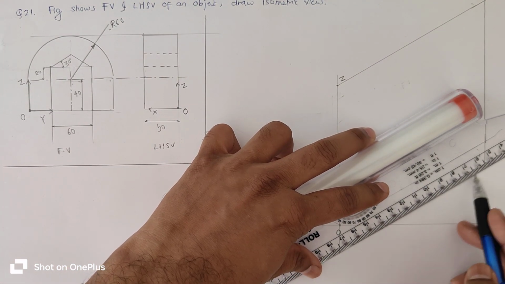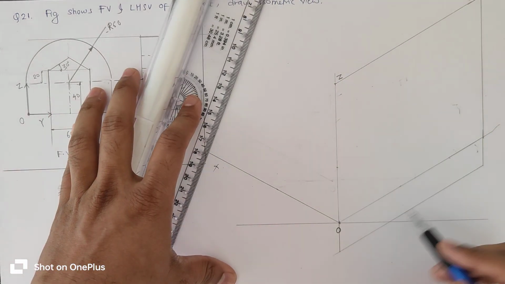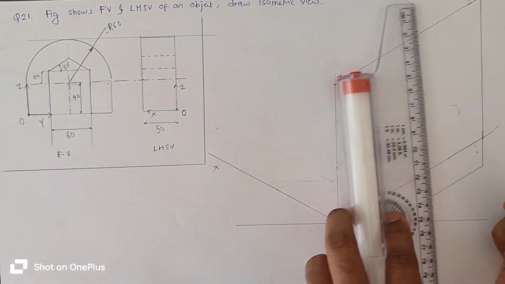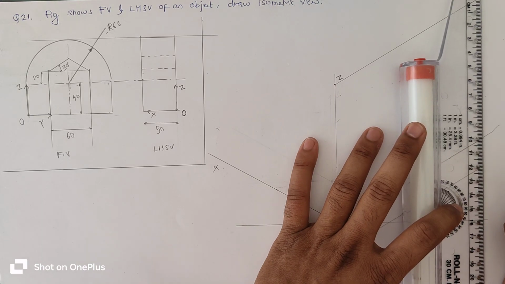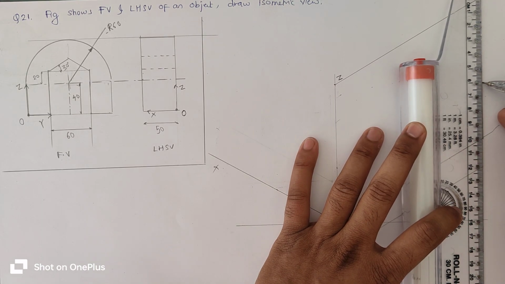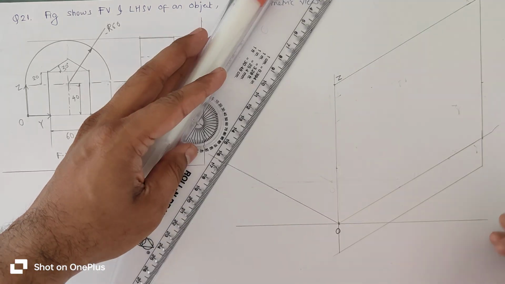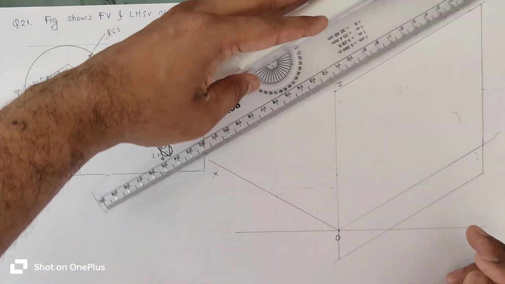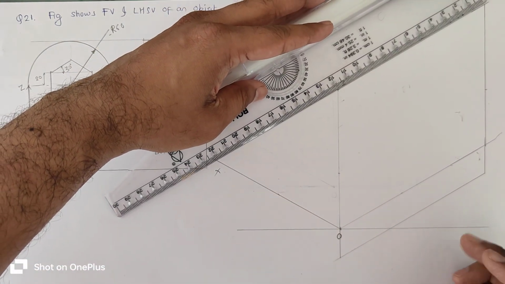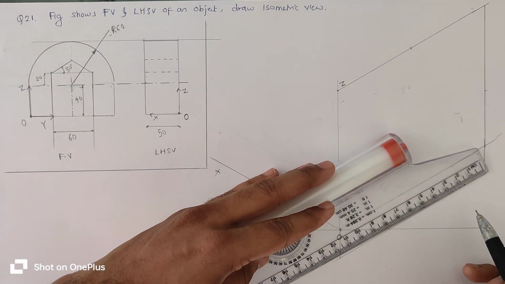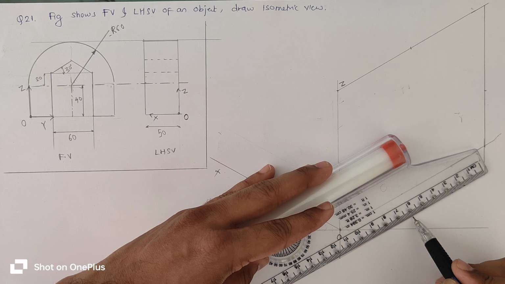So we will extend this. So this is a 120 by 120 rhombus and in this we will draw semicircle. So this rhombus is for whole circle but we only require semicircle. These are the midpoints of sides. Then this is midpoint of this side and this is the midpoint of this one.